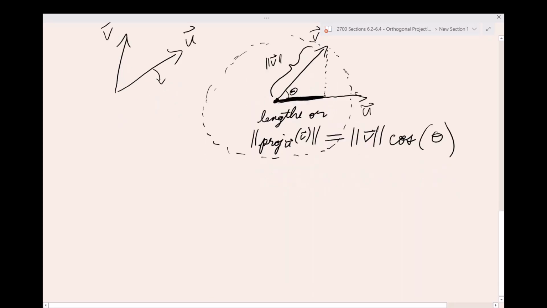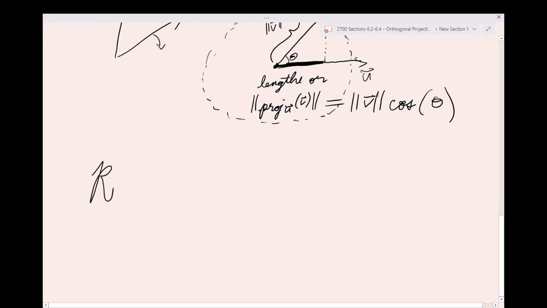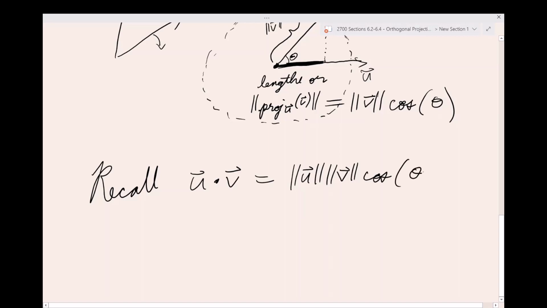But wait, recall that u dot v, the dot product, one way to think about that, at least in 2 and 3 dimensions, was the magnitude of u times the magnitude of v times the cosine of the angle between them.